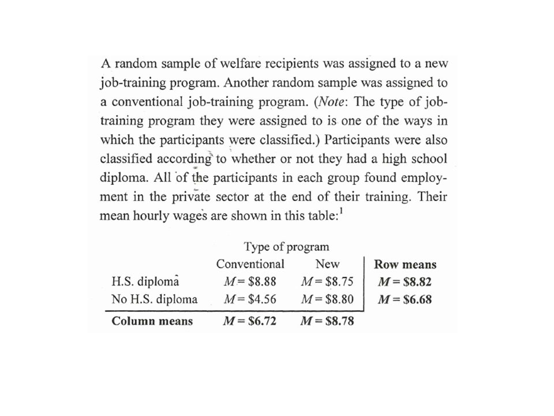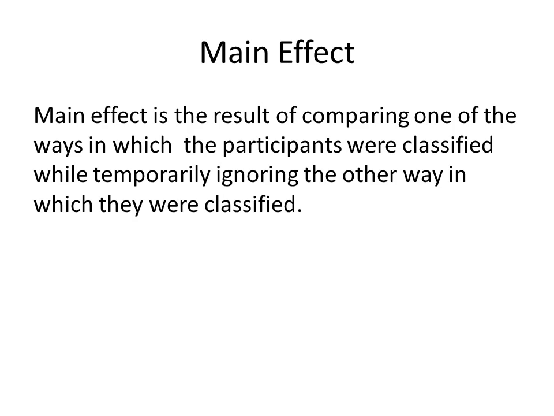Now, if we took $8.78 and subtracted $6.72, we have $2.06. This difference, the $2.06, suggests that there is what we call a main effect.